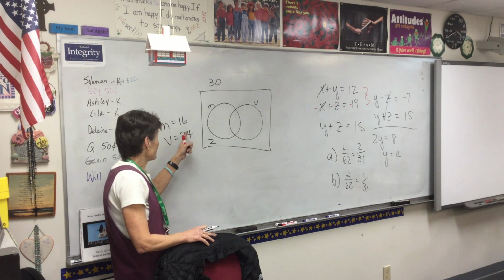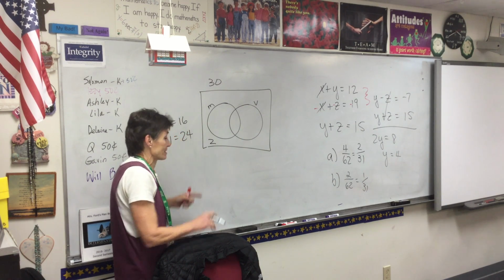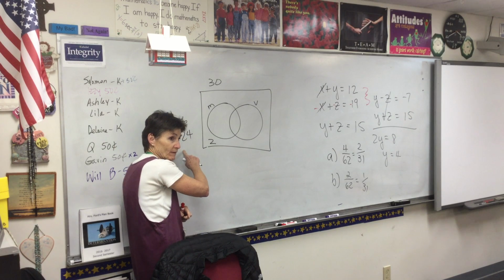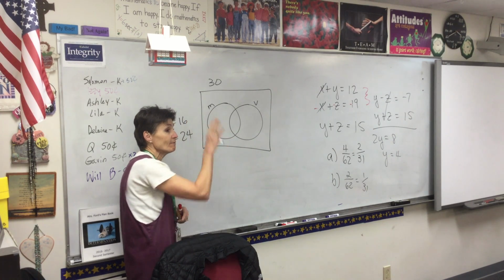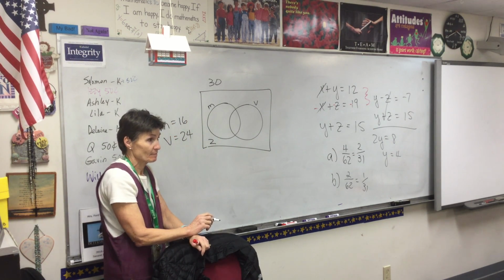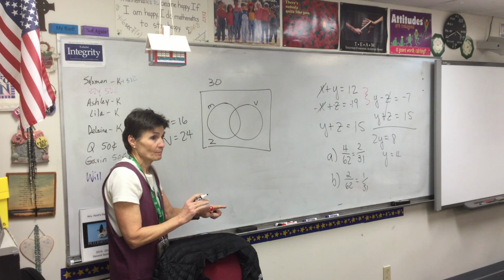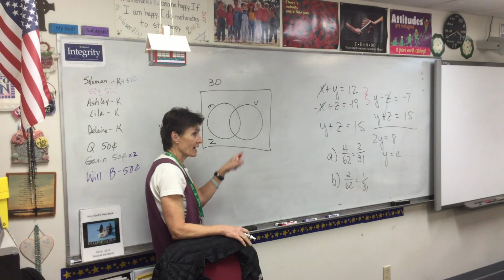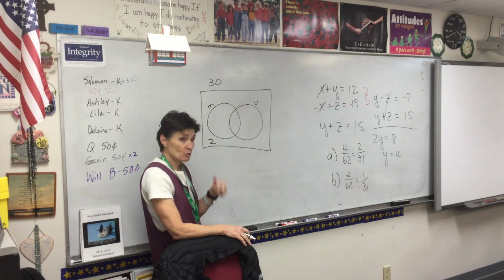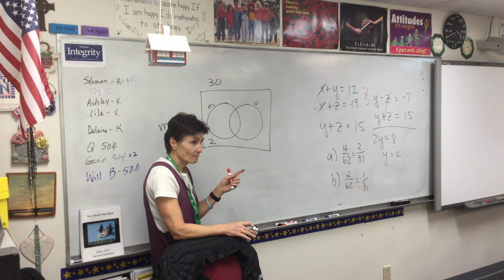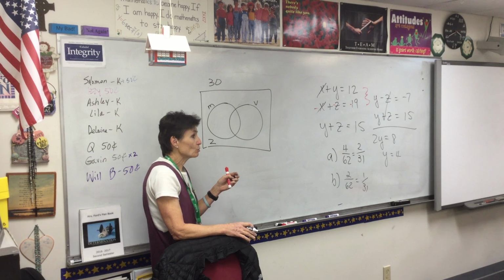So there have been 40 votes cast. These are votes. We had 16 votes for matrices and 24 votes for vectors. So 40 votes have been cast. But there were only 28 people voting, right? So if 40 votes got cast, but only 28 people voted, what had to have happened? Twice. Some voted twice. How many voted twice?